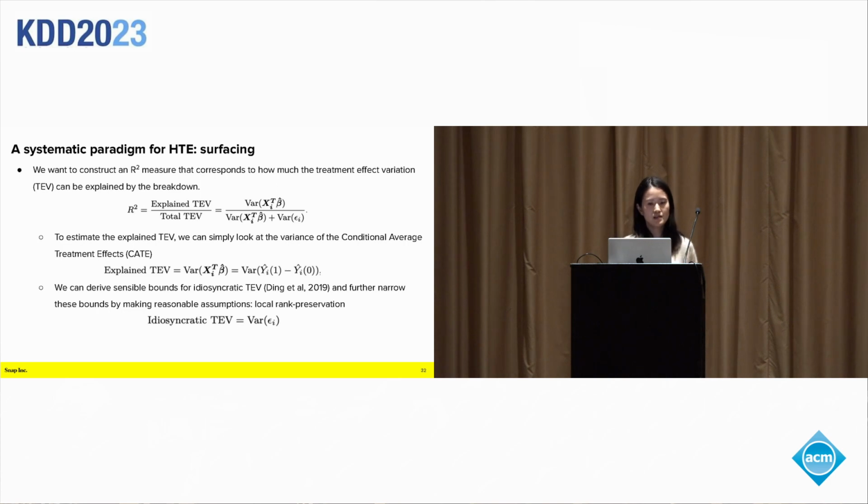And to estimate the explained TEV, we can look at the variance of the conditional average treatment effect. And we also can derive sensible bounds for idiosyncratic TEV and further narrow down the bounds by making reasonable assumptions.